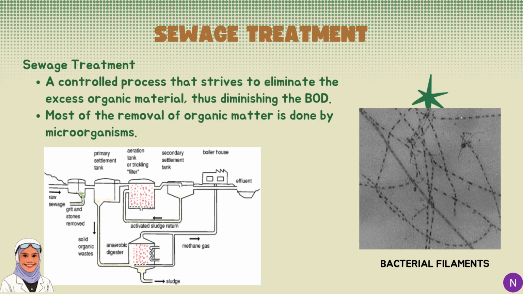Most of the removal of organic matter is done by microorganisms. Throughout this chapter as well, if I'm not mistaken, you're going to cover this in chapter 5, where you will understand the relations of oxygen, why microorganisms require oxygen, and why the parameter of BOD is necessary in bioremediation.